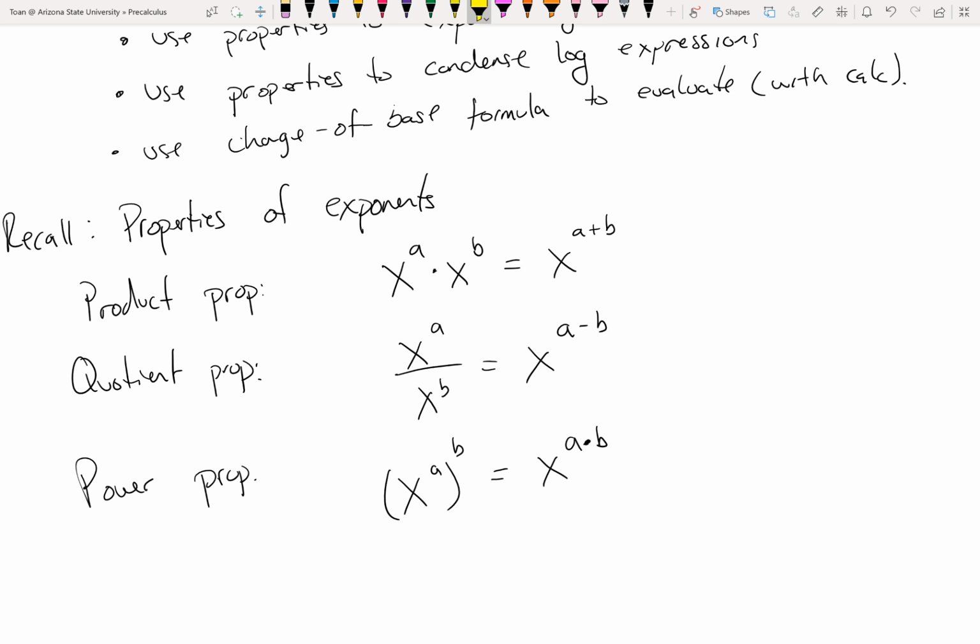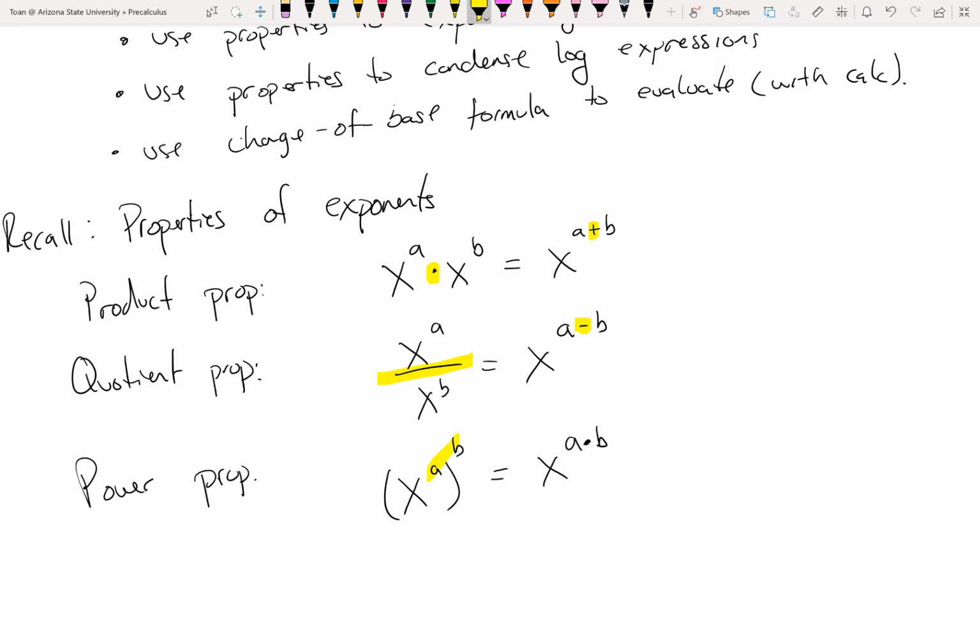What I want to highlight is these properties of exponents bridge or connect two mathematical operations together. The product property connects multiplication with addition of exponents. The quotient property connects division with subtraction of exponents.